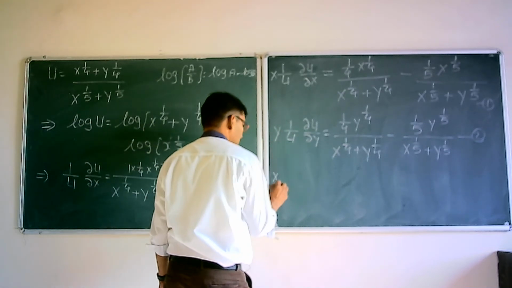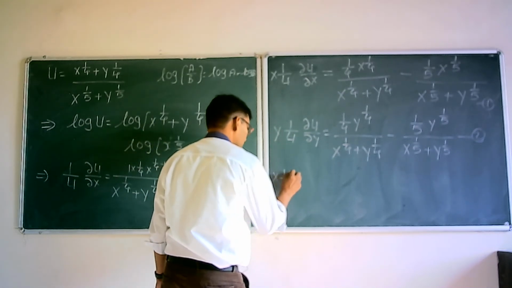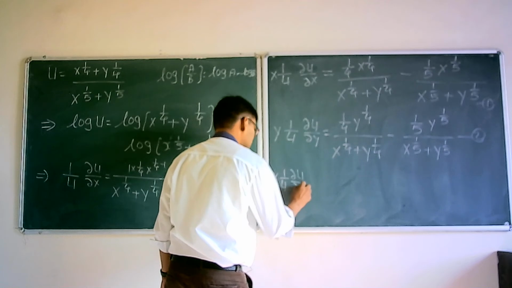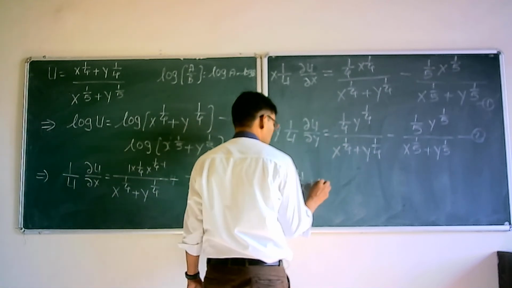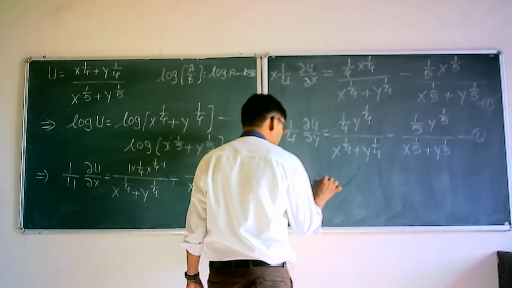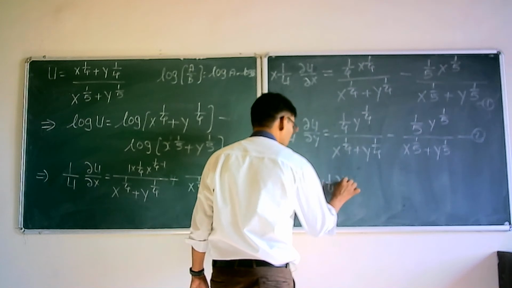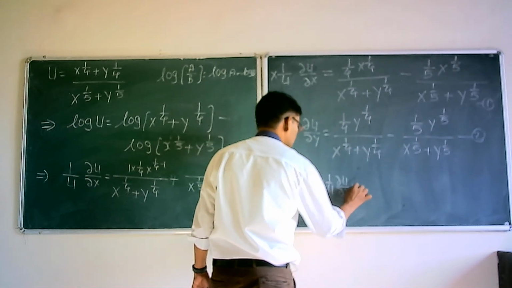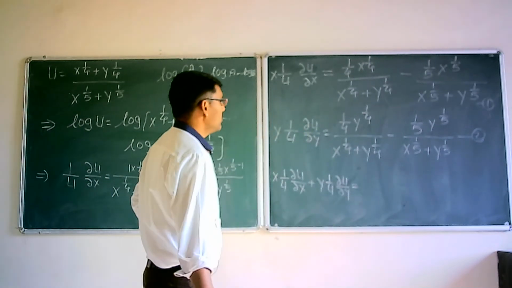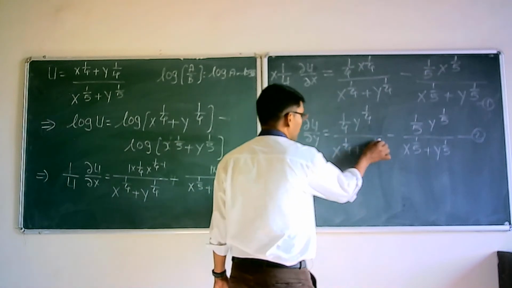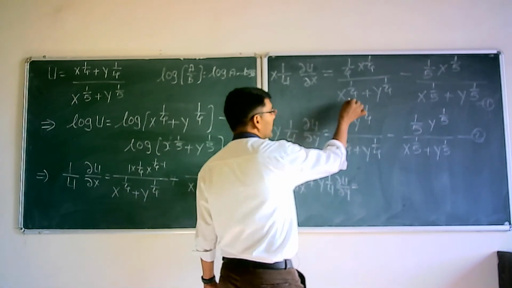So if you add equation 1 and 2, what happened here? x 1 upon u del u by del x plus y 1 upon u del u by del y is equal to, if you add these terms, the denominator is the same, so we can add the numerators.